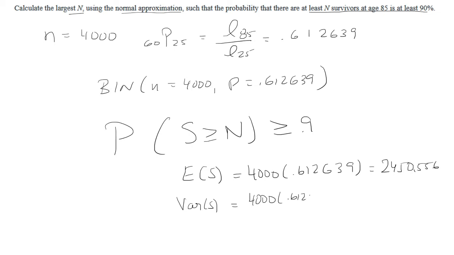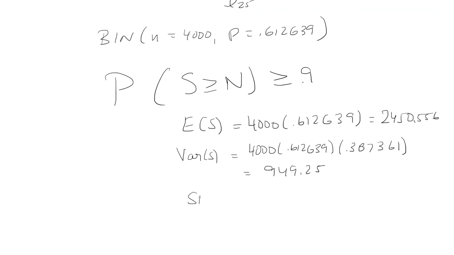So Q is a complement of P. So it's 949.25. Okay, so we're going to need a standard deviation. So we're just going to take the square root of that.